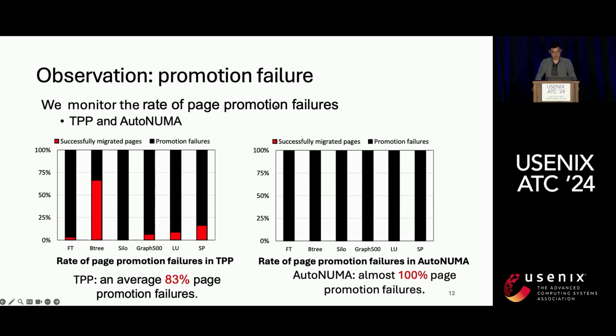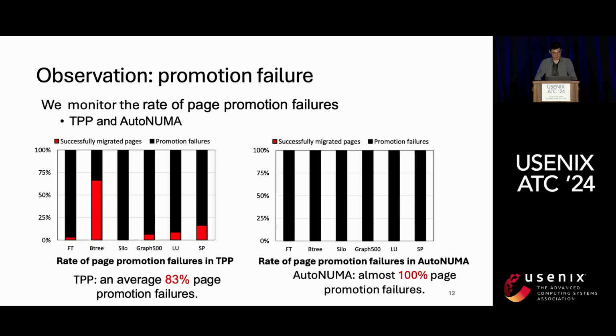We also monitor the rate of page promotion failures. Most of these failures are because of the shortage of fast memory space. We test TPP and AutoNUMA. Those two figures show the rate of page promotion failures. The left figure shows the TPP results. We found that on average 83% of page promotions fail.